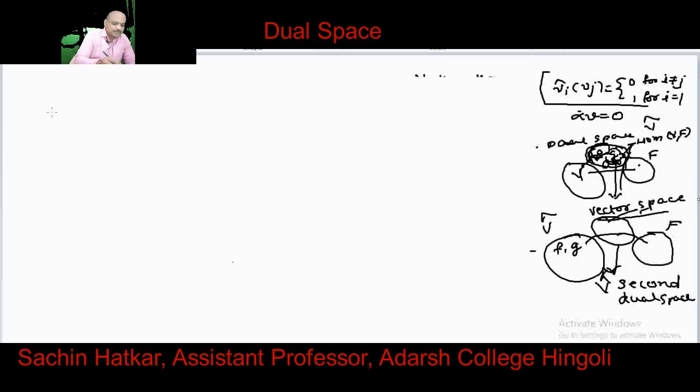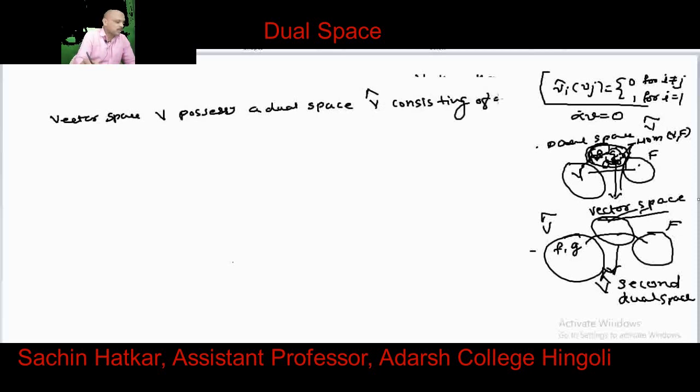A vector space V possesses a dual space V cap, consisting of all linear functionals on V.